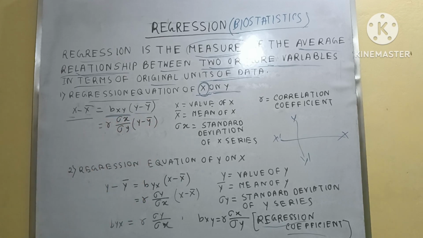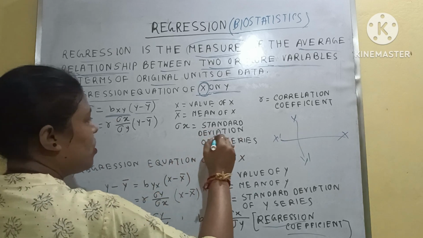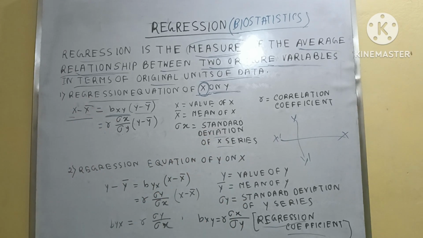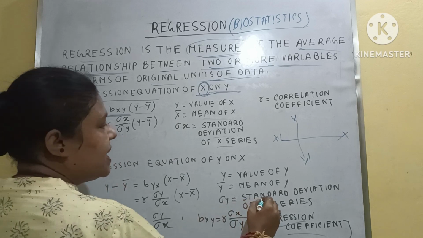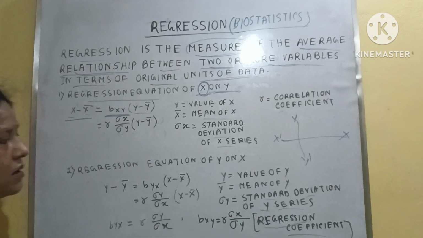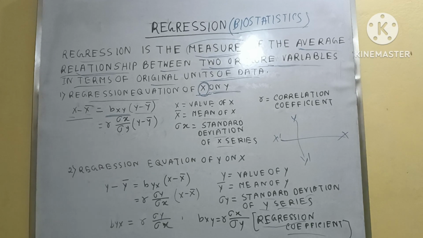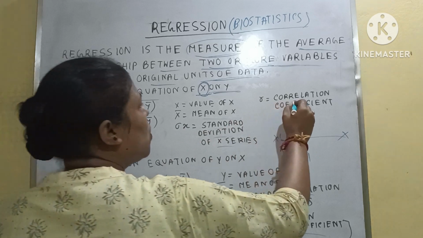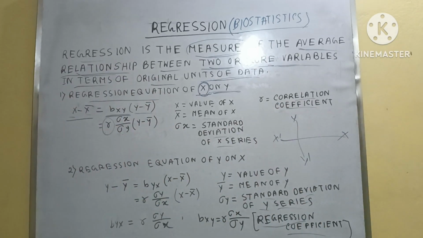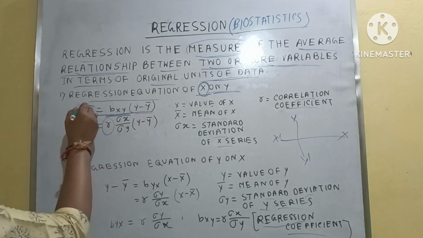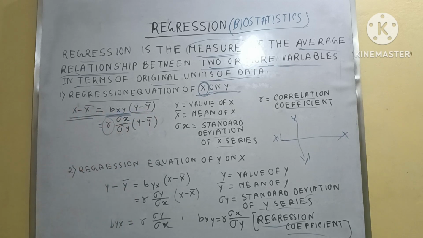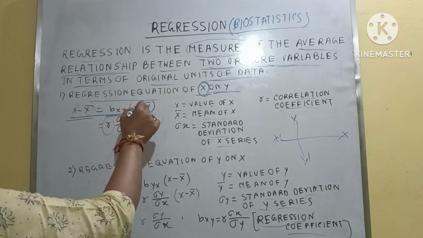Sigma x is the standard deviation of the x series, and sigma y is the standard deviation of the y series. And r is the correlation coefficient.